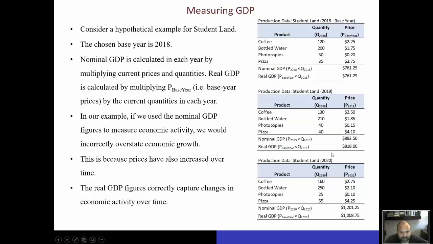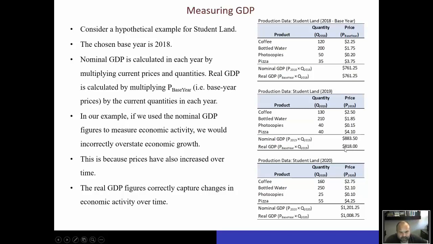But if you look at the next year, 2019, we're going to calculate real GDP by just using these quantities and multiplying them by the base year prices. So we're going to be taking this column and taking the sum. If we do that, we get that real GDP is 818.